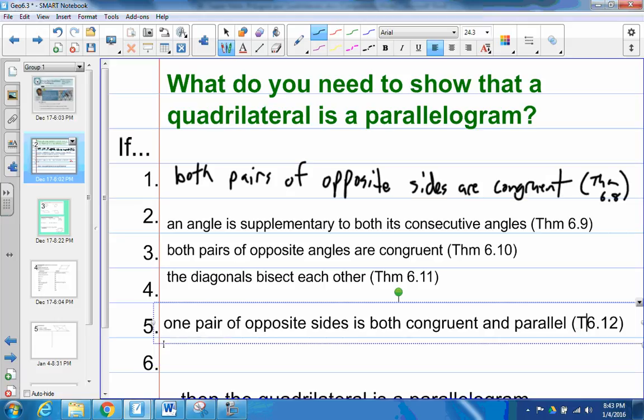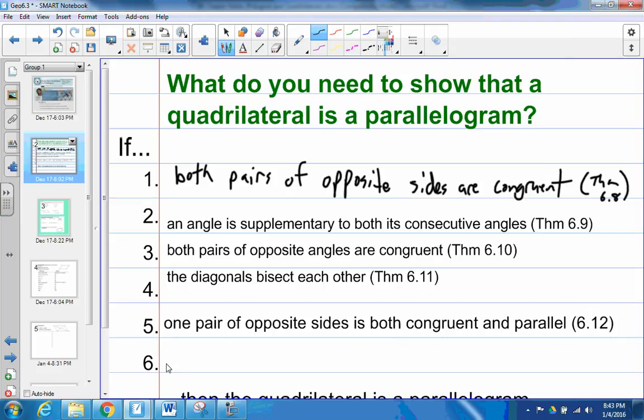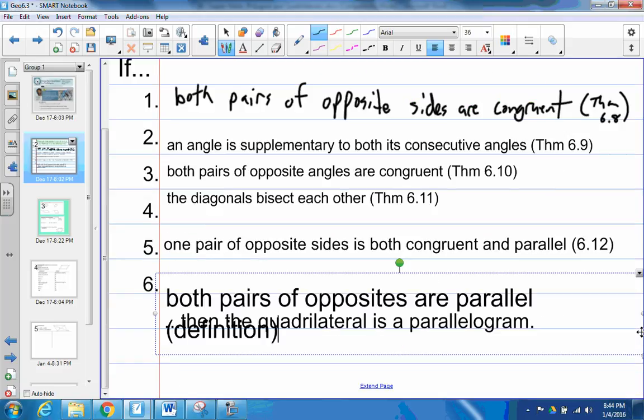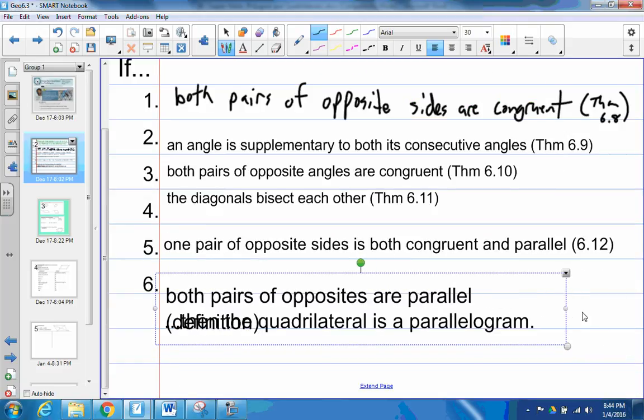But the definition is another way to prove it. If you can just prove that both pairs of opposite sides are parallel to each other, that is from the definition. All right, that is the last way you can prove it. That probably should have been the first way.